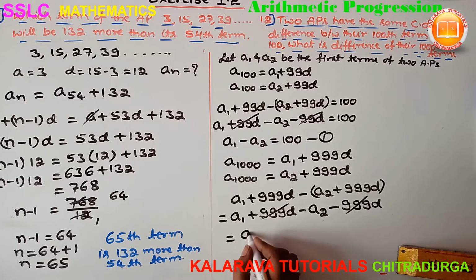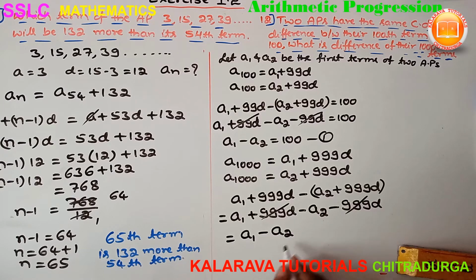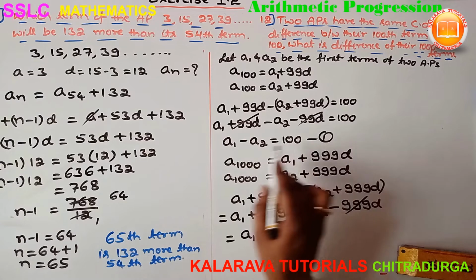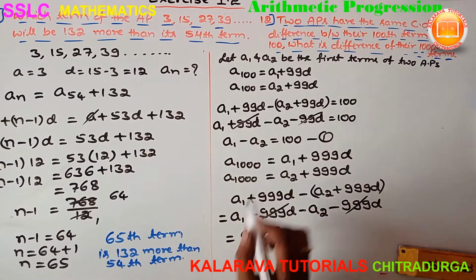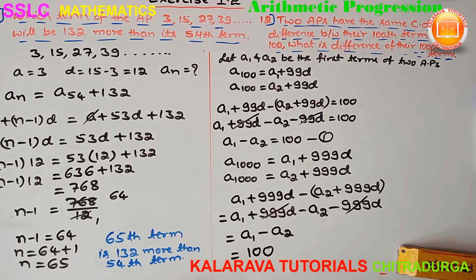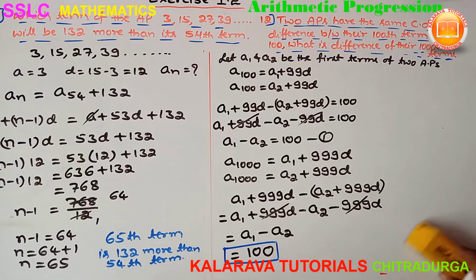So the left term is A1 minus A2. So you observe from equation 1, A1 minus A2 is equal to 100. You substitute this one, that gives you 100. This is the difference of the 1000th terms of the APs. So here we get that the difference of the 1000th terms is 100.